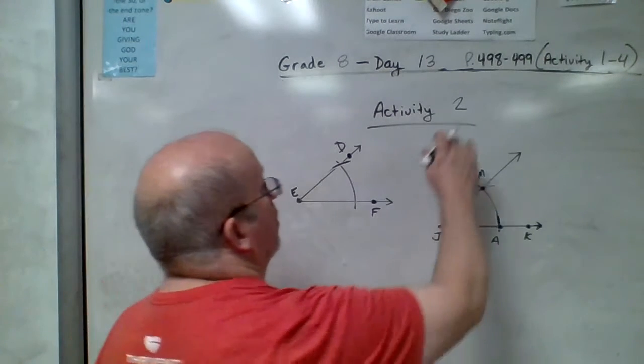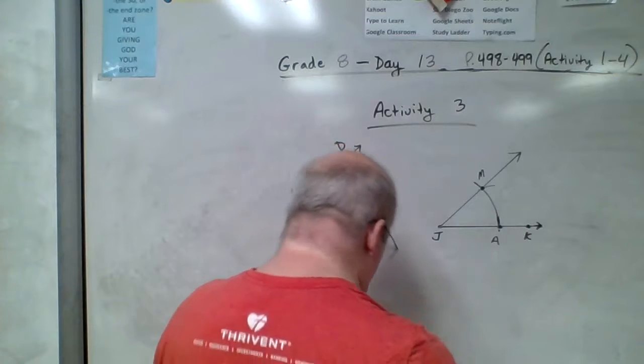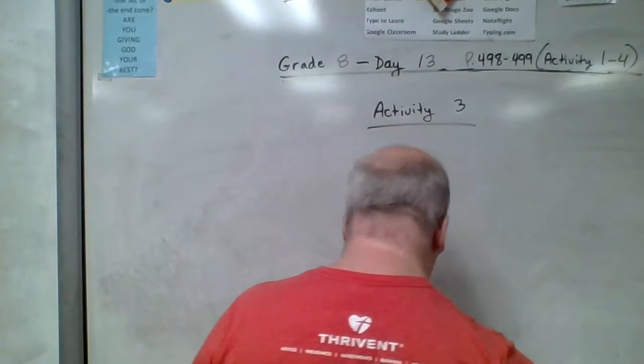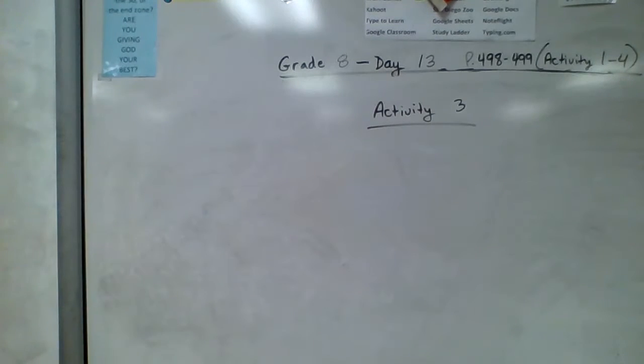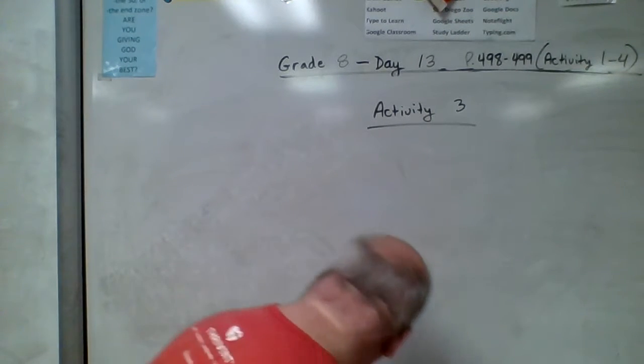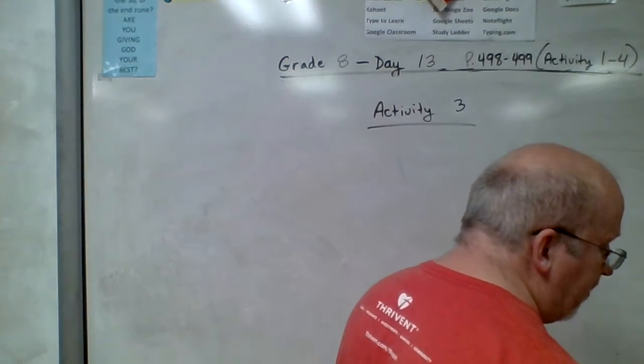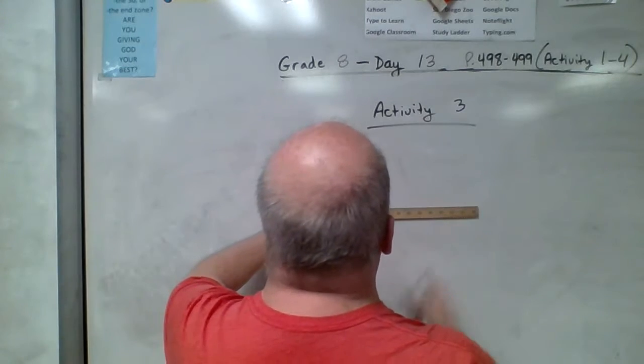How about activity 3? Activity 3 wants us to draw a perpendicular bisector of a line segment. What in the world does that mean?